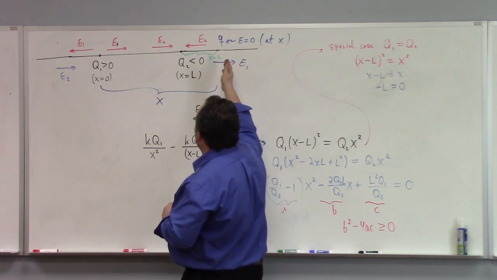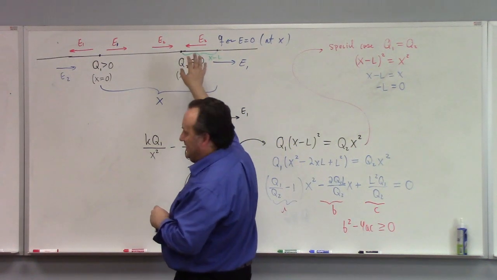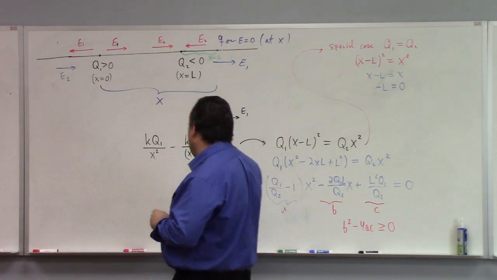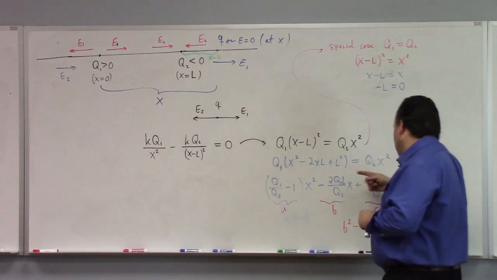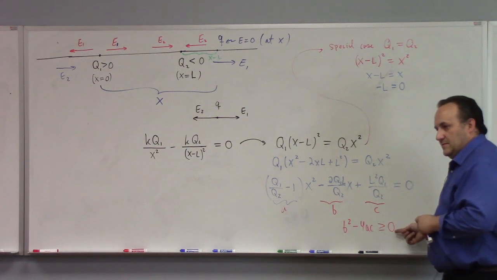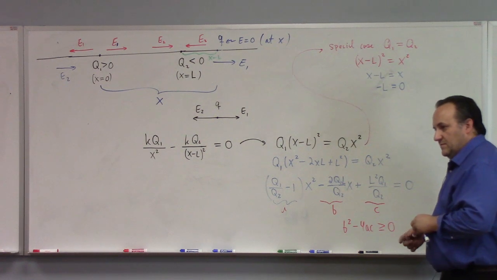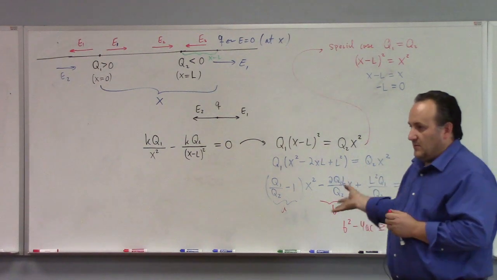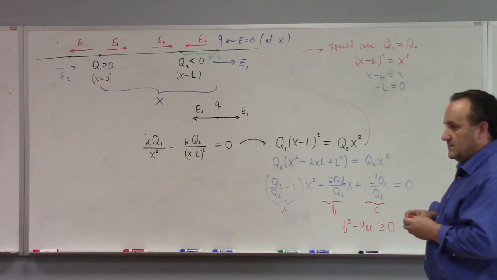I can't just make Q2 1/10 of Q1 and hope that it works for any L, because it doesn't. The L is baked into the cake of what it takes to make this have a solution. So it's complicated. This would have taken me a whole class period in the other context.